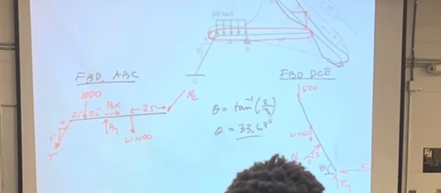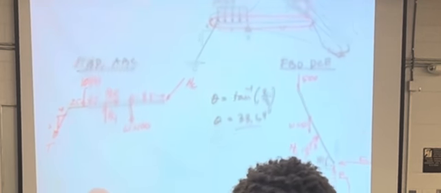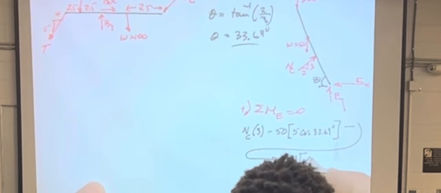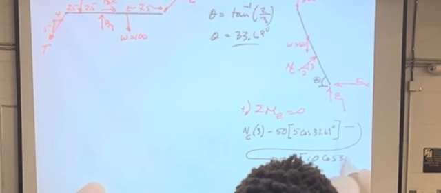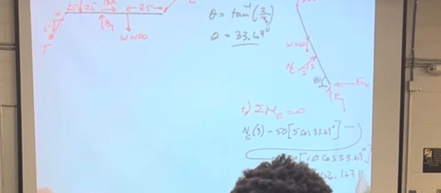And then minus 500 times 10 cosine 33.69 equals 0. Well, that's going to give me NC, 1456.167 pounds.